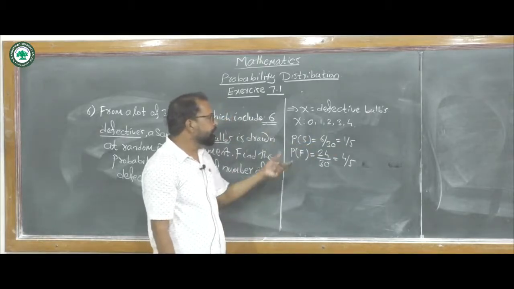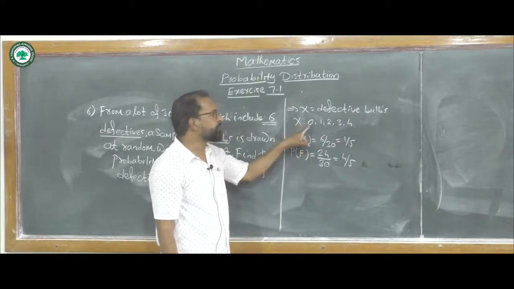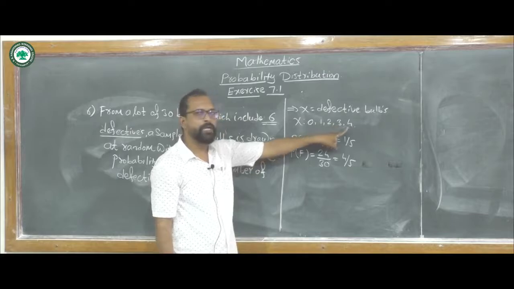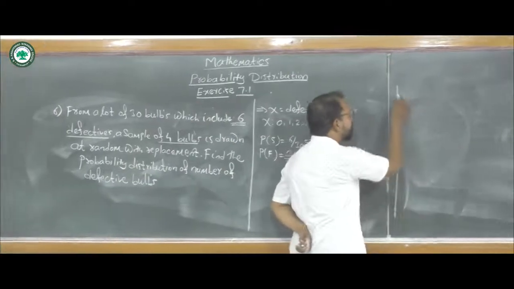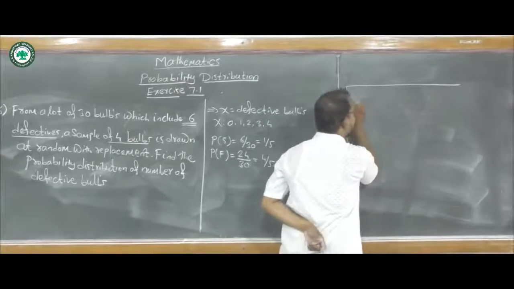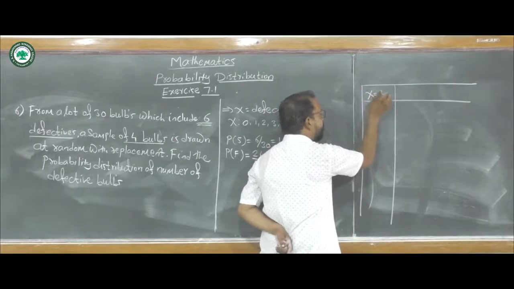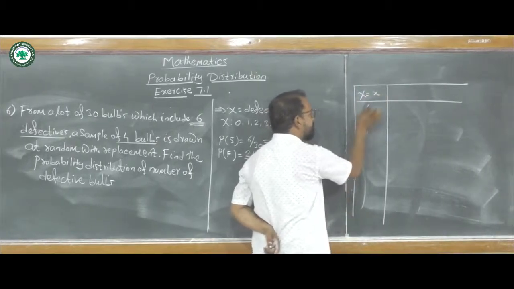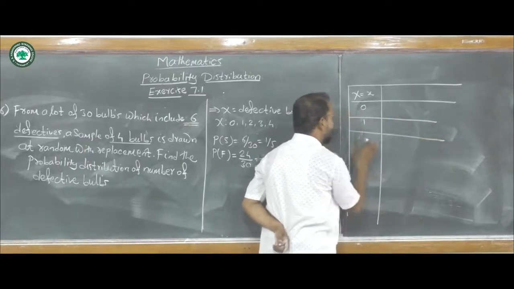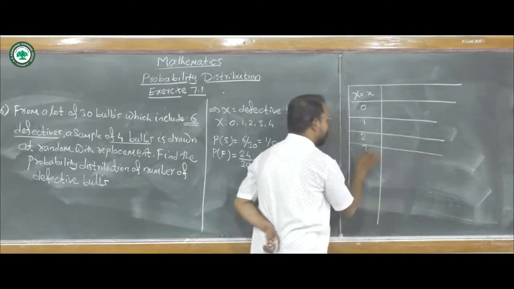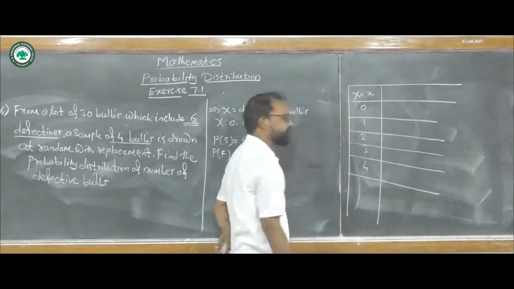Now to write the probability distribution, we consider the values of X as 0, 1, 2, 3 and 4. Now we write the table for the probability distribution, in which we take the random variable X taking the values 0, 1, 2, 3 and 4.